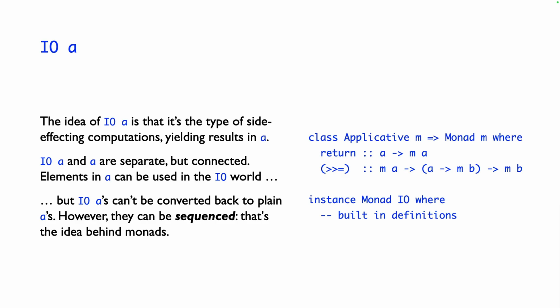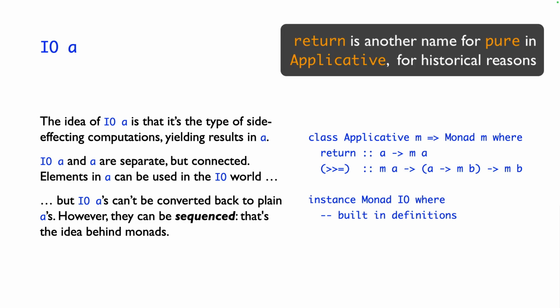One is return, and that takes something of type A to something of type M of A. So it moves something from the pure world into the computational world. In the case of IO, it allows you to use a pure value inside a computation. But we also have this operator bind, which takes something of type M of A and a function from A to M of B and gives us back an M of B.